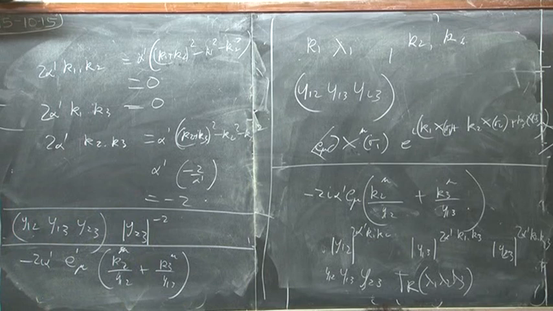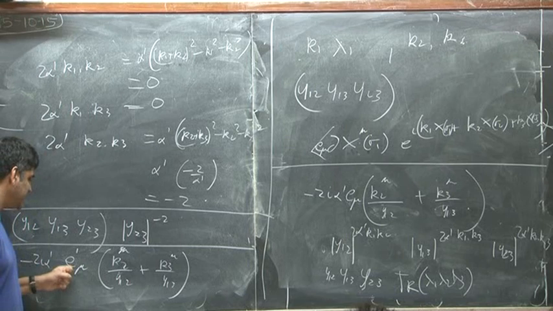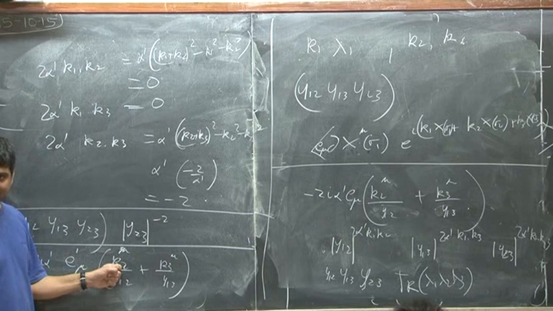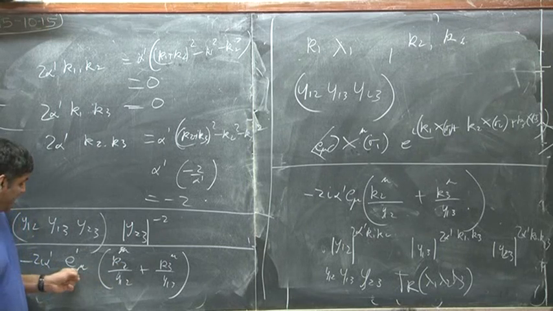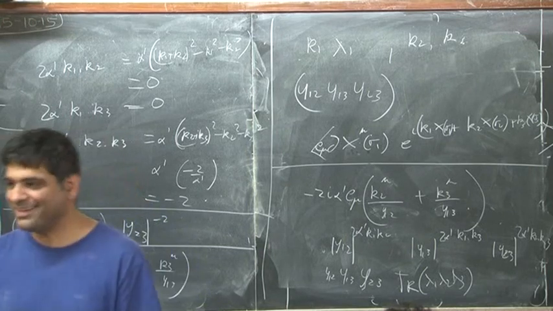Now, what do we know about E1 mu? E1 dot K1 is 0. What we have here is E1 dot K2 and E1 dot K3. But K2 is minus of K1 plus K3. And E1 dot K1 is 0. So E1 dot K2 is the same as minus of E1 dot K3.